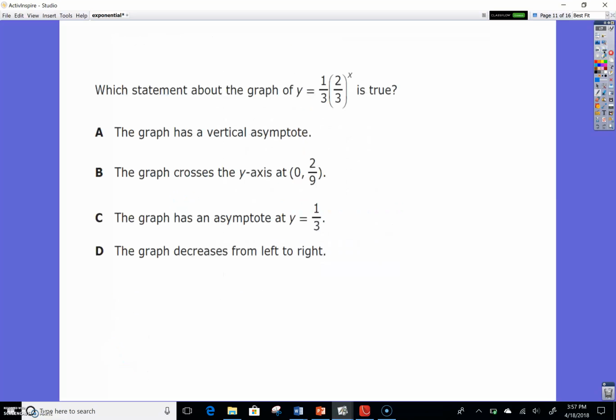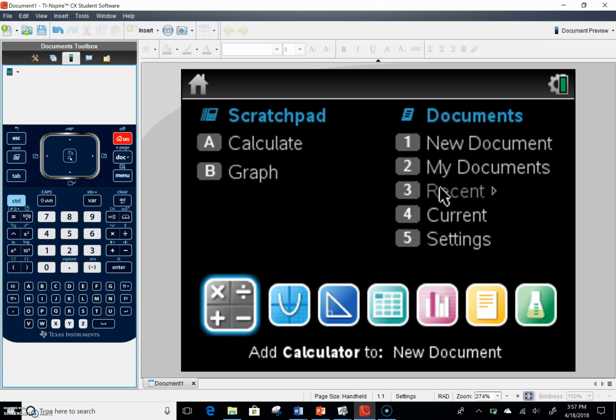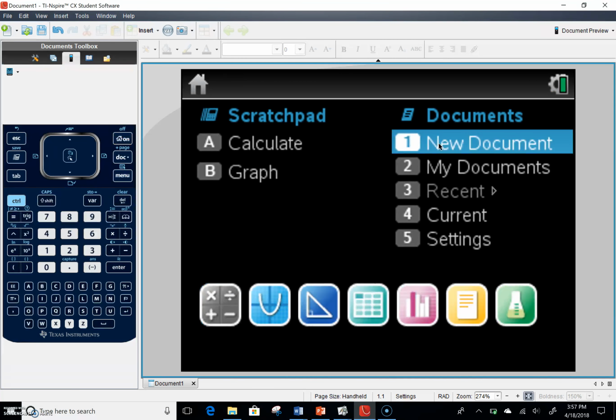Which statement is true? I need to graph it. New document. I'm going to add a graph. Okay, so we want 1/3 over 2/3. Control, divide, 1.